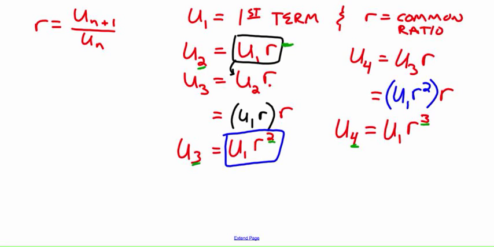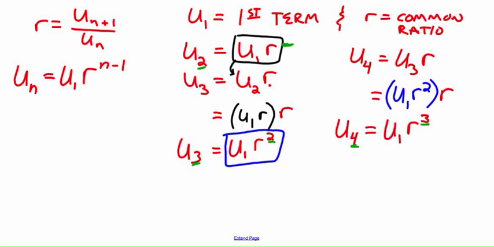So as we come up with a general formula, we can say that for geometric sequences, u of n, whatever term we're picking, is going to be equal to u of 1 times r to the power of n minus 1.